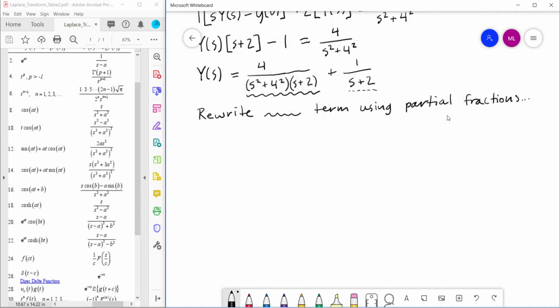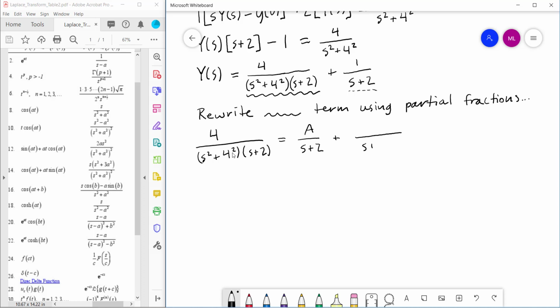Okay, so all I'm trying to say is let's rewrite 4 over (s squared plus 4 squared) times (s plus 2) as, what do I need for the real root? Well, it's just going to be a over some s plus 2 term, plus for the other term, remember it's a quadratic term, so we can't simplify this piece any more than it is.